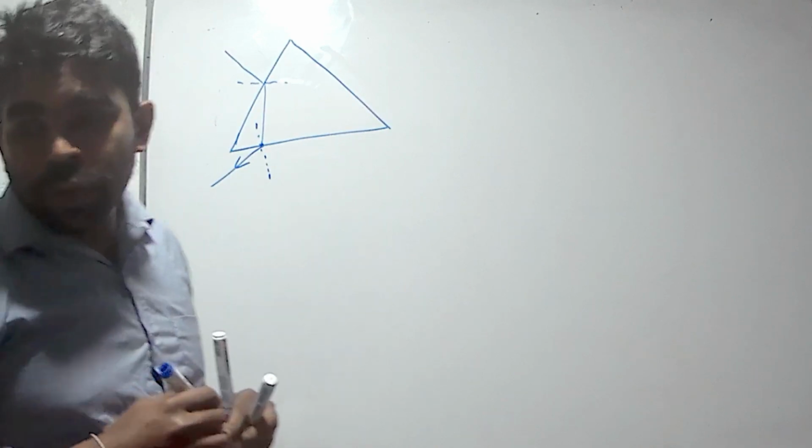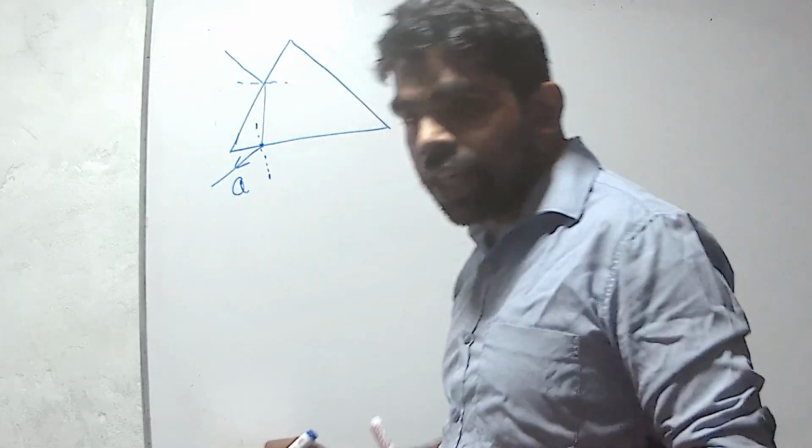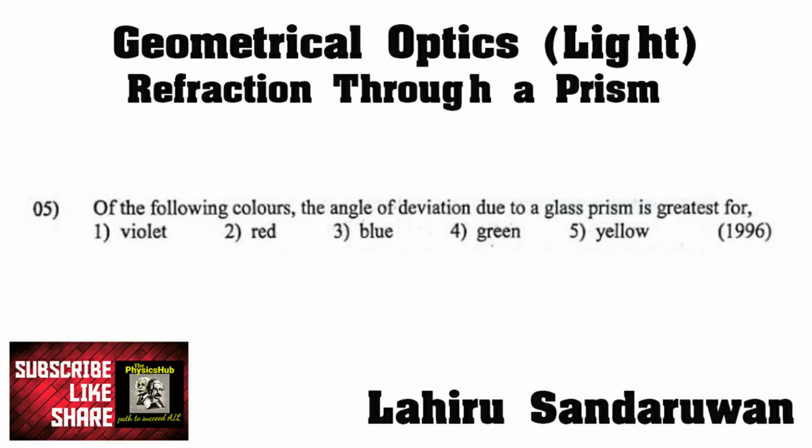Then path of the ray should be A. Then the answer is A for this question. Now question number 5: Of the following colors, the angle of deviation due to glass prism is greater for.